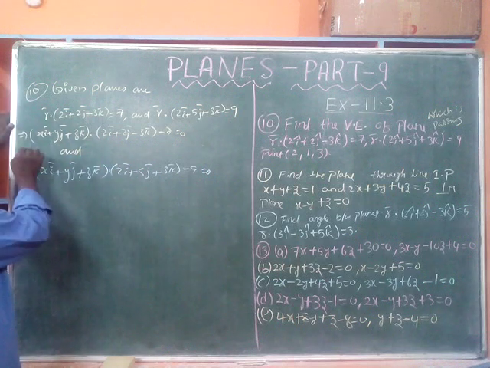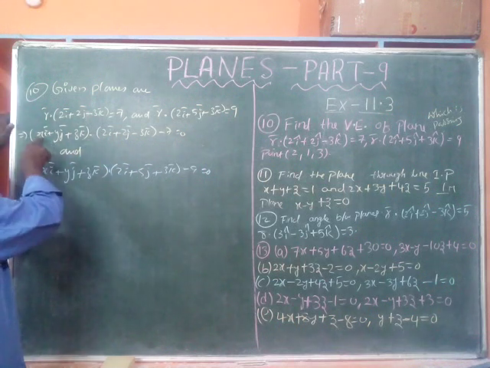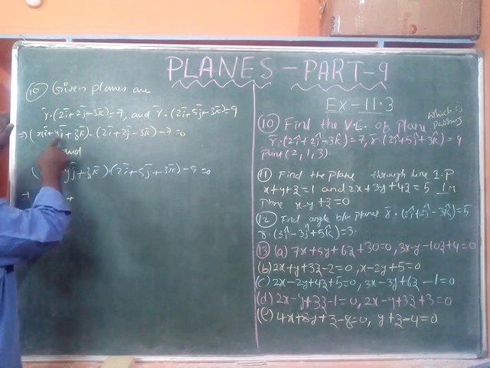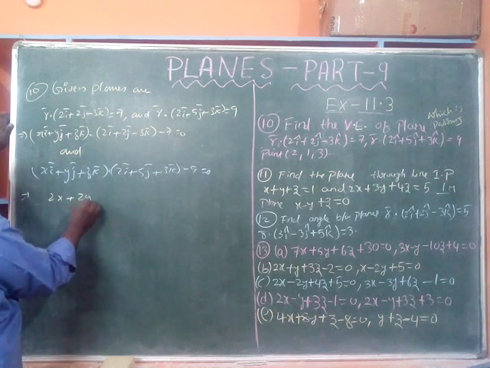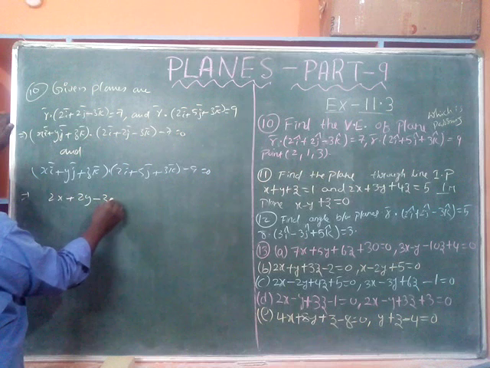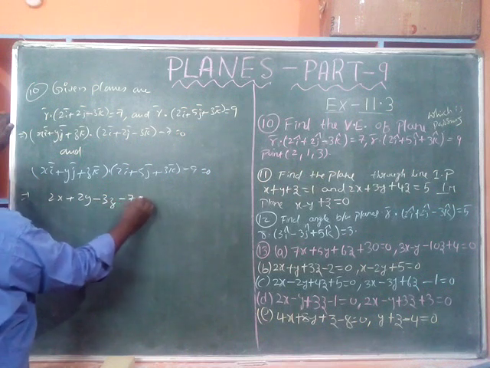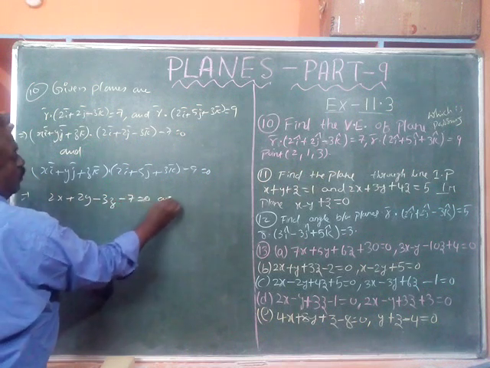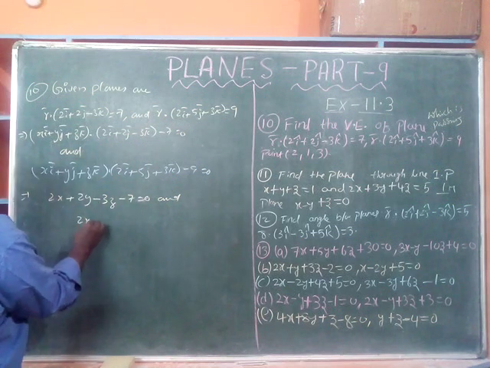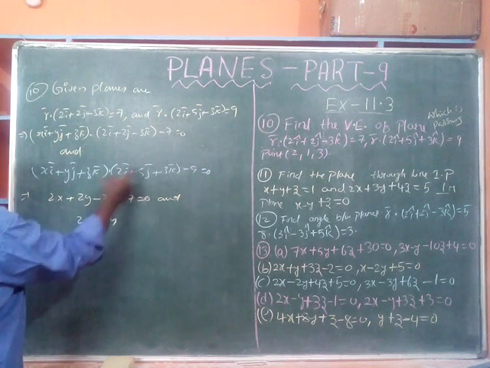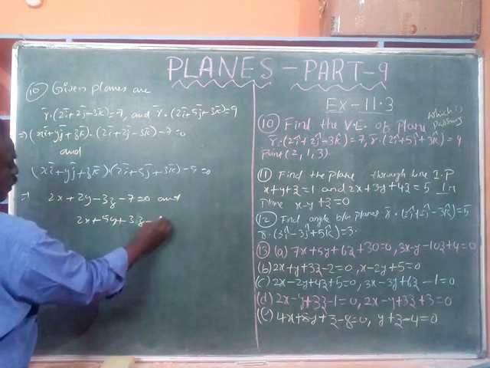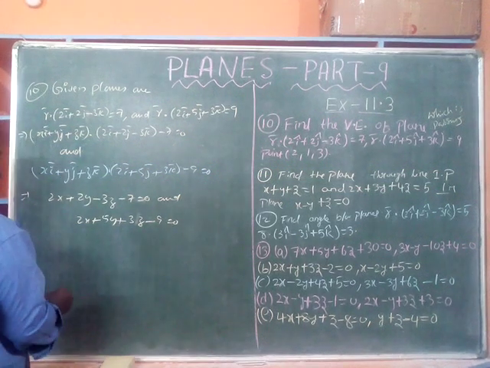Now, xi dot 2i gives 2x, yj dot 2j gives 2y, zk dot minus 3k gives minus 3z, minus 7 is equal to 0. And the second: 2x plus 5y plus 3z minus 9 is equal to 0.